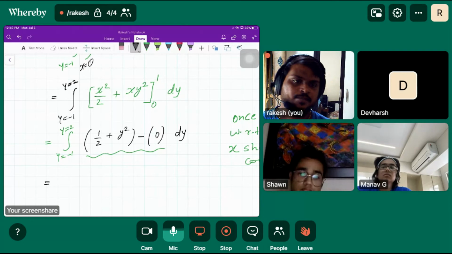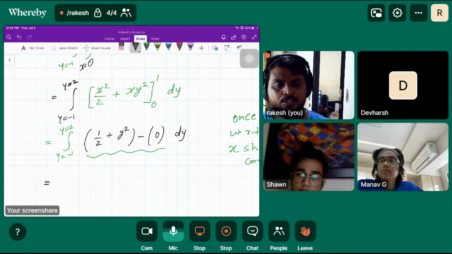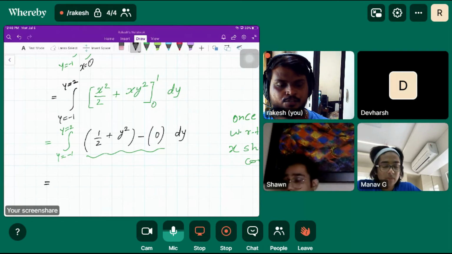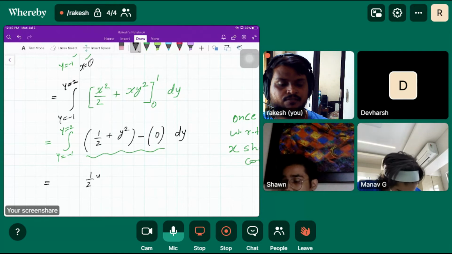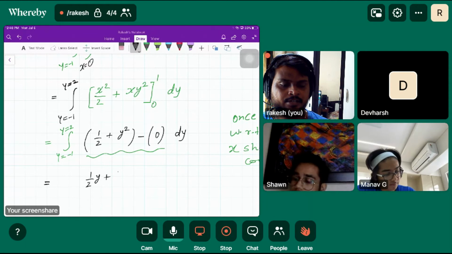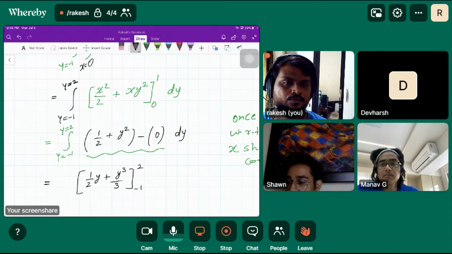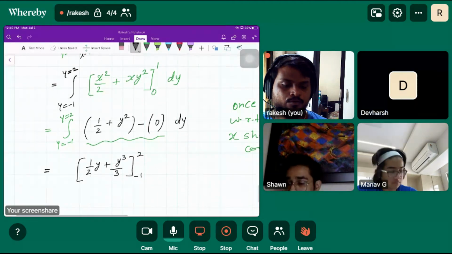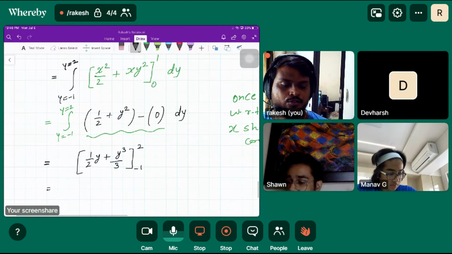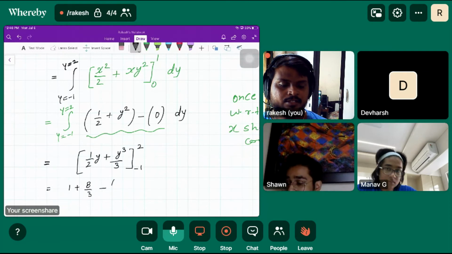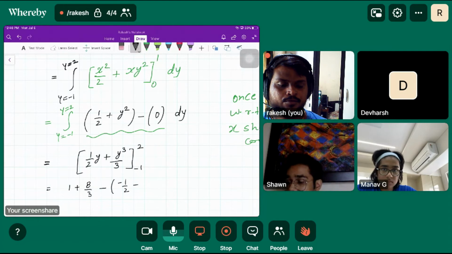Now what are we going to do? We'll integrate with respect to y, right? So what is the integration of half with respect to y? Half y, and y cube by 3. We apply the limit -1 to 2. What is the value here? 2 by 2 is 1 plus 8 by 3, minus -1 by 2 minus 1 by 3.